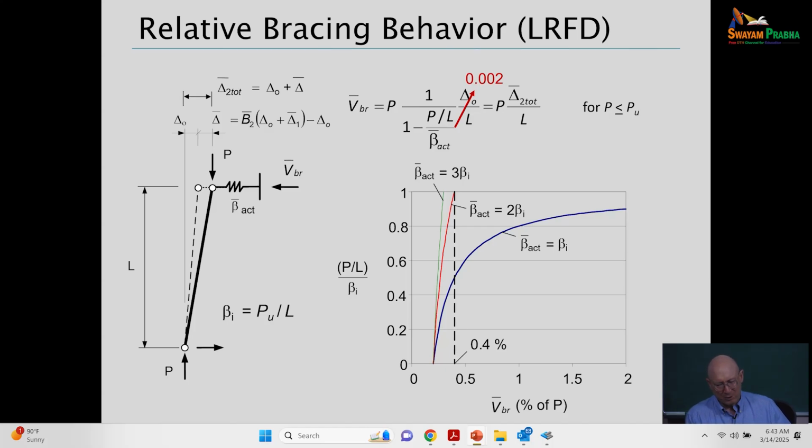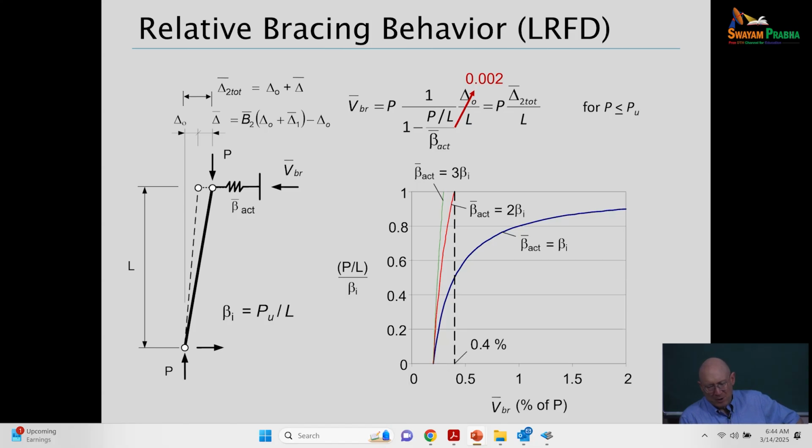So that's, again, where the ideal bracing stiffness is not so ideal. If we provided a beta bar actual equal to beta I, then we're going to fail the bracing system before we get to the axial load level we want to develop. But let's suppose we use a beta bar actual that's larger than the required value.